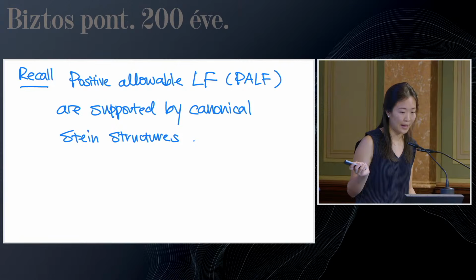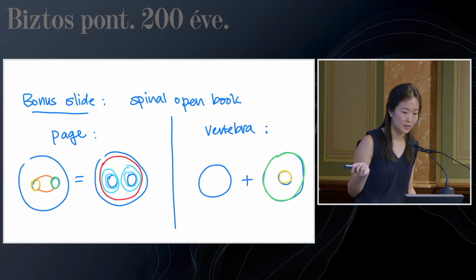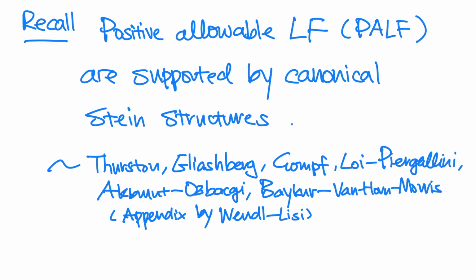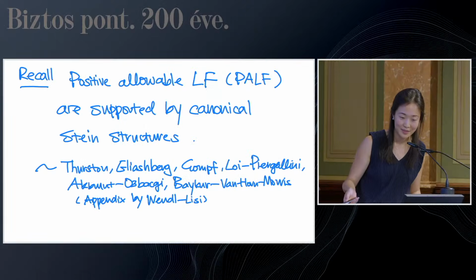These are supported by canonical Stein structures. And there's a long history of people working on this, because some people study using Stein structures, some people study using Weinstein structures, and the notion of canonical is canonical with respect to the left-shift fibration. So to do that concretely, there are also some recent developments of these.